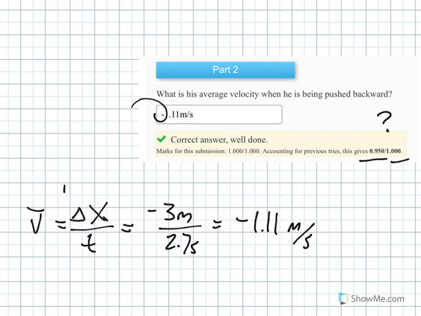Okay, then the second to the last part of the problem is part 3. So what is the average speed for the third part? So for the last part, they tell you that he escapes and then he runs 18.1 meters.